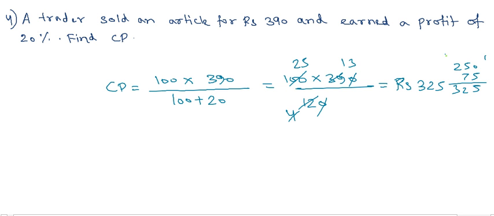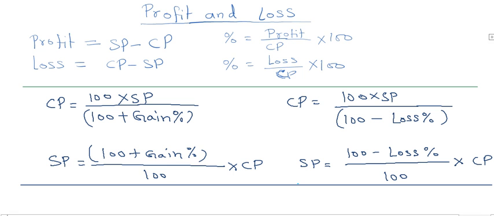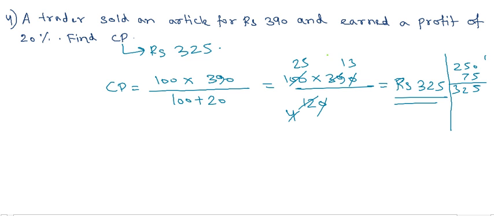So this is the answer, that is the CP is rupees 325. We just use this formula. We can also use the X method, that is by taking the CP as X and solve this problem, but that will take some time, and that time is really vital in aptitude tests.